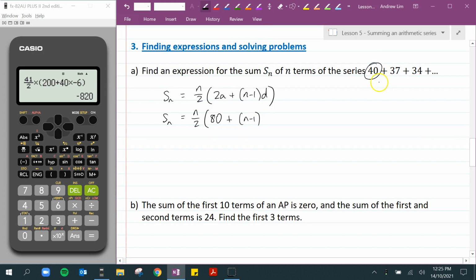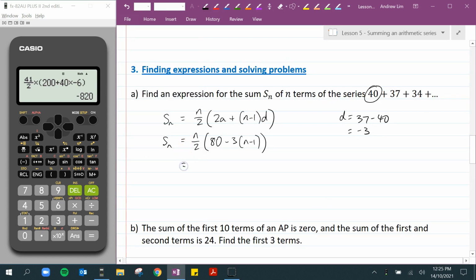What's the common difference? Well, we can see that the difference is 37 minus 40, which is negative 3. But instead of putting it out here, I'm going to put it at the front and replace that plus with a minus. And now I'm going to simplify this.